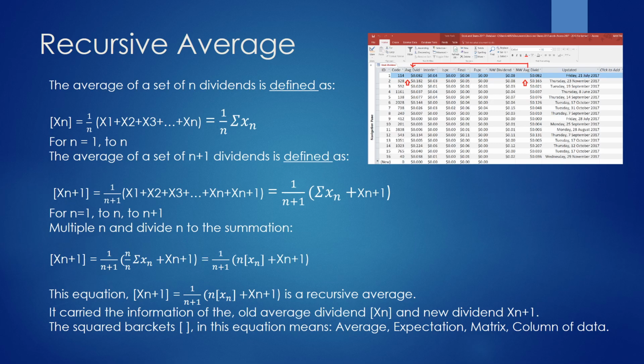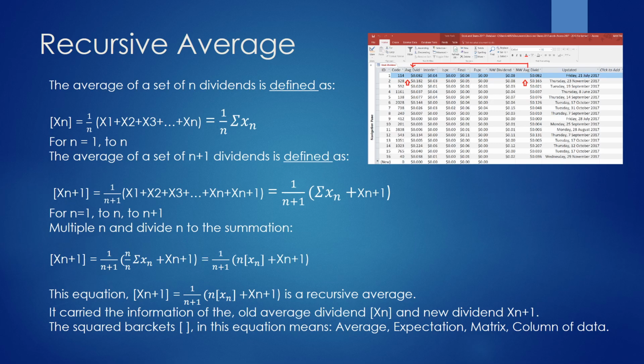This equation is a recursive average. It carries the information of the old average dividend, average xn, and the new dividend xn plus 1.